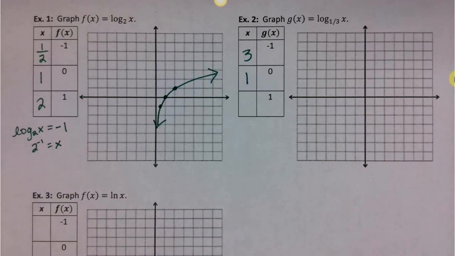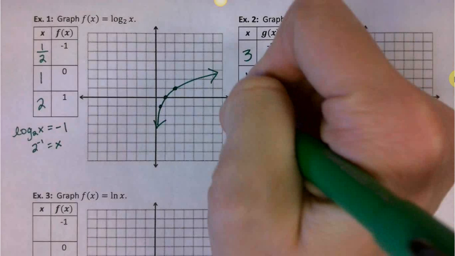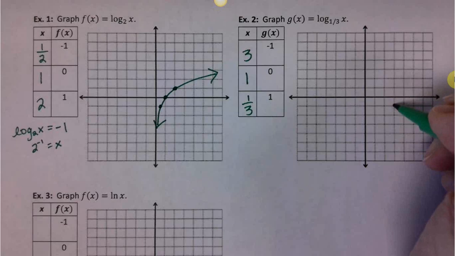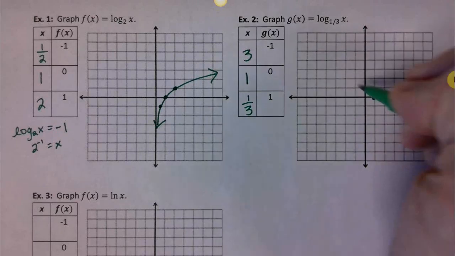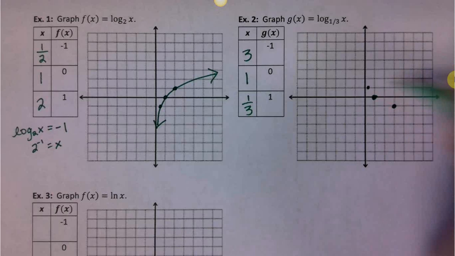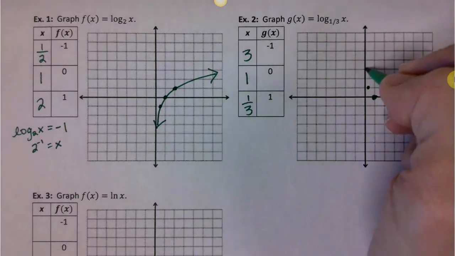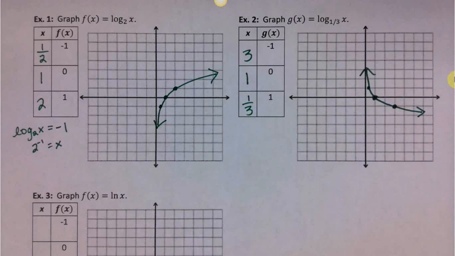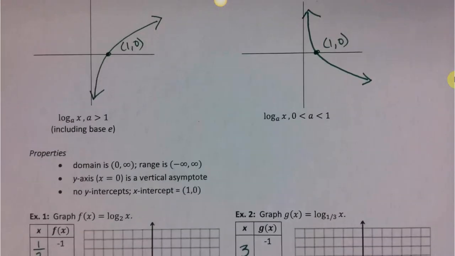That's the same as evaluating 1/3 to the first, which is 1/3. So then plotting these points, we have (3, -1), (1, 0), and (1/3, 1). And when we connect those, we can see that we end up with a graph that looks similar to this one.